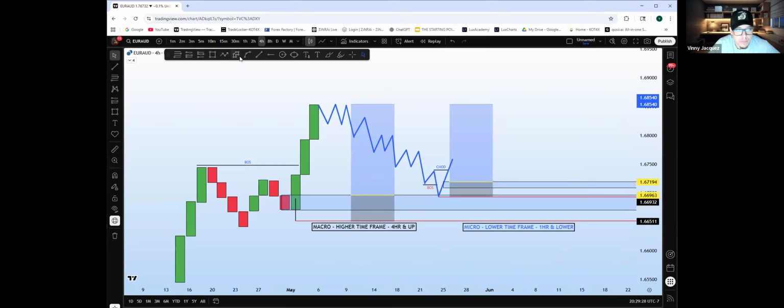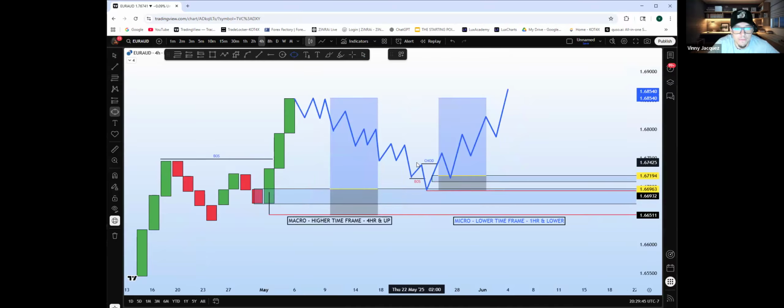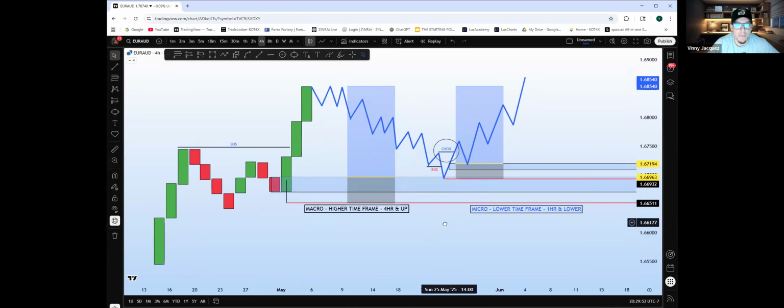Let's go. So you're going to have the trader who waits for this confirmation and waits for this buy opportunity to send the market higher. But again, guys, I also want to make sure you understand, just because you wait for this confirmation does not mean the market owes you this entry. Let me repeat myself.